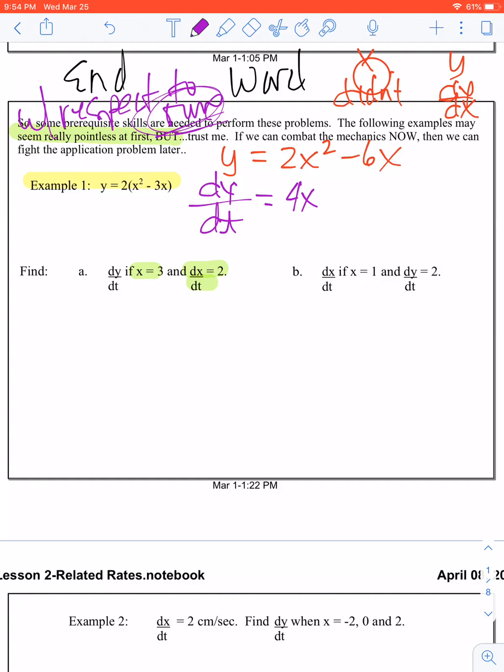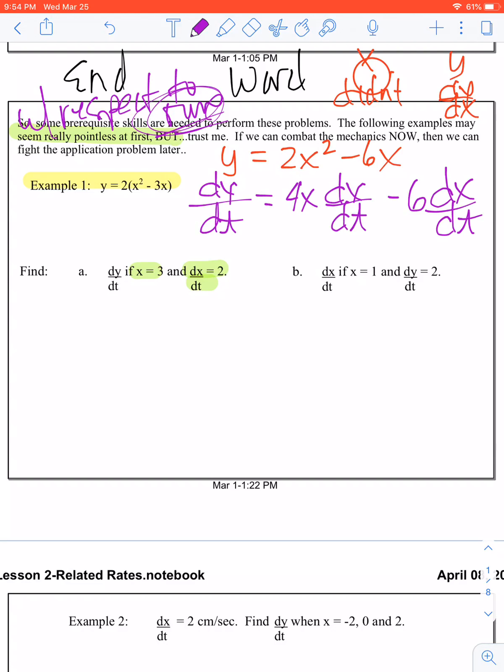But I'm not differentiating with respect to the independent variable x. I am going to differentiate with respect to time because that's how it's related to the rate of change of y. When I differentiate negative 6x, again, it'll be a minus 6 by power rule, but I have to include a dx/dt factor due to chain rule.